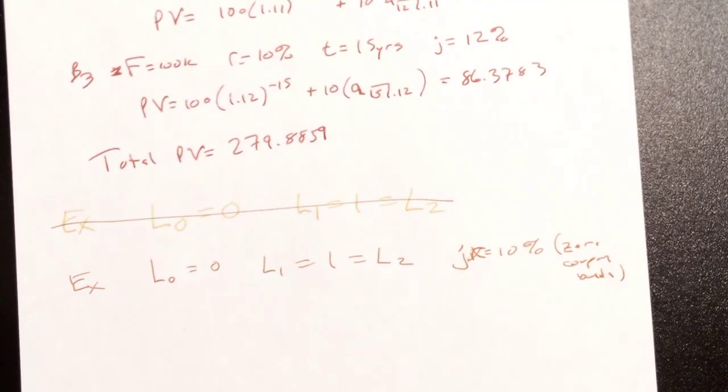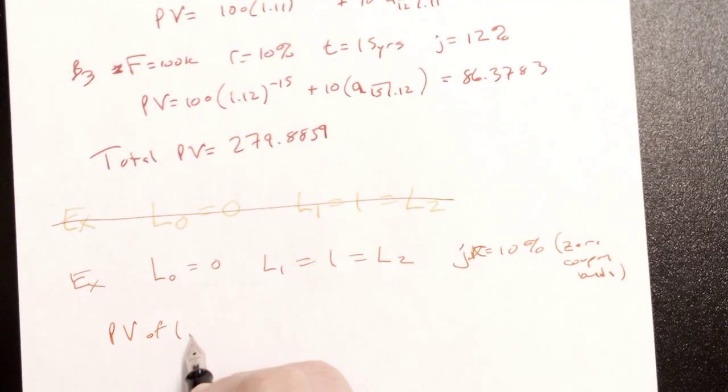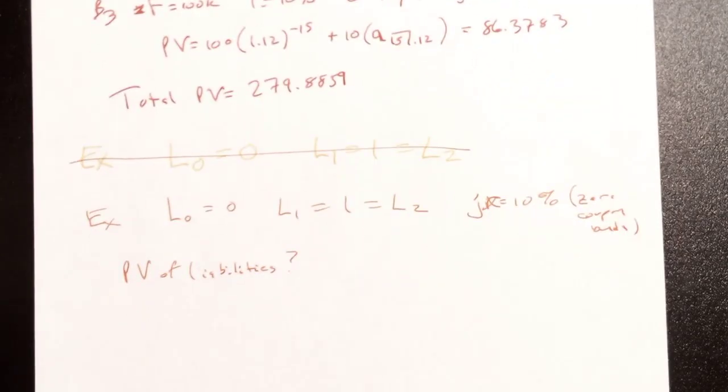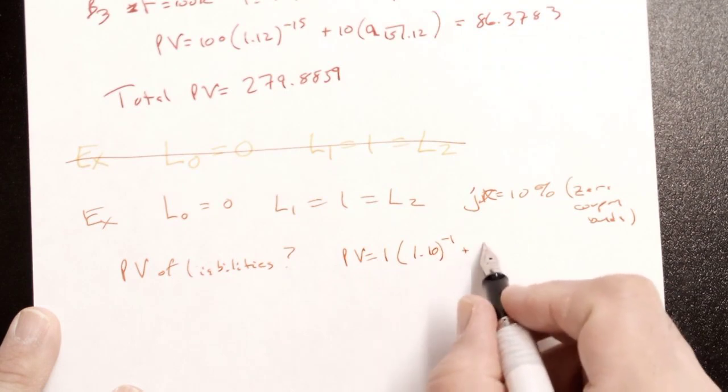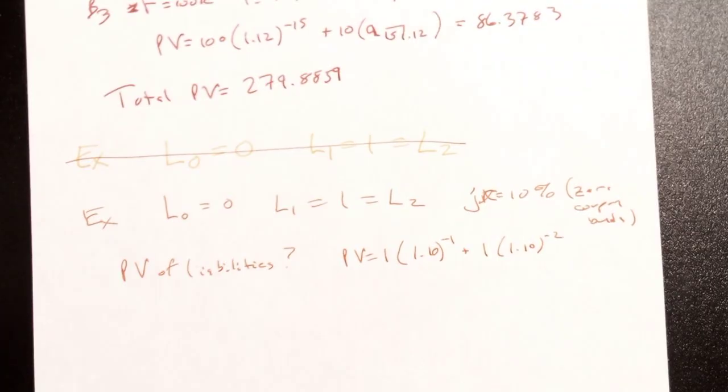What's the present value of these liabilities? I have a liability of 1 due in a year.